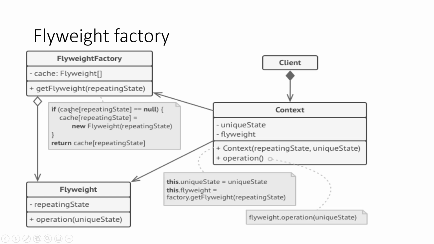Otherwise, we'll take the bullet from the existing cache, where this context class will aggregate both unique states as well as constant states. In this way, we'll be implementing the flyweight factory, and we'll see a practical example for this. Let me show it.